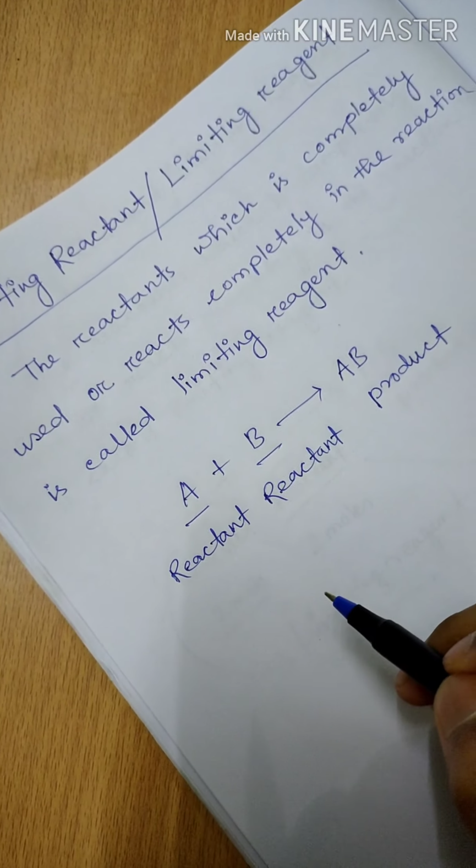Here A and B are the reactants and AB is the product. Among these two reactants A and B, which one is completely used, that one will be the limiting reactant or limiting reagent.